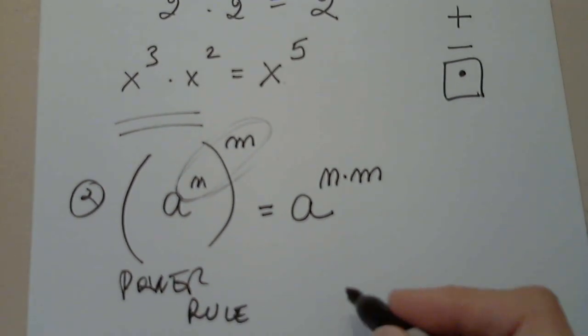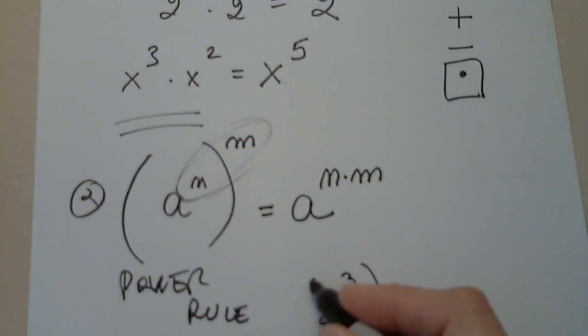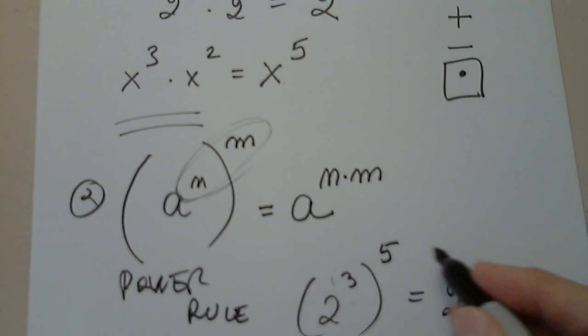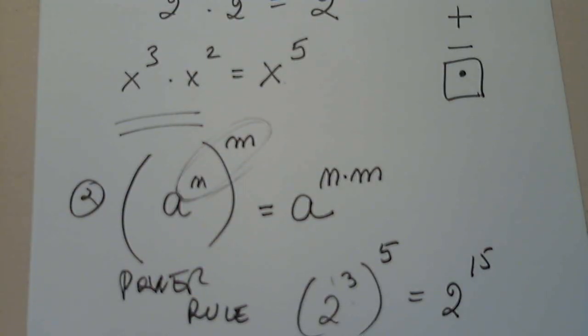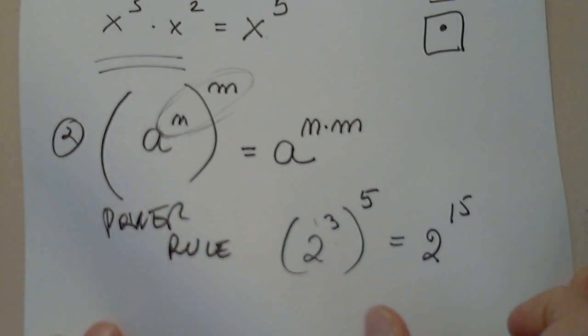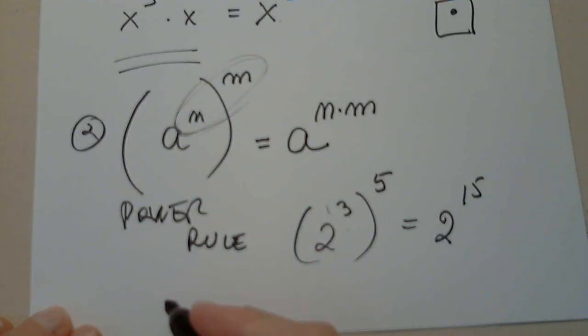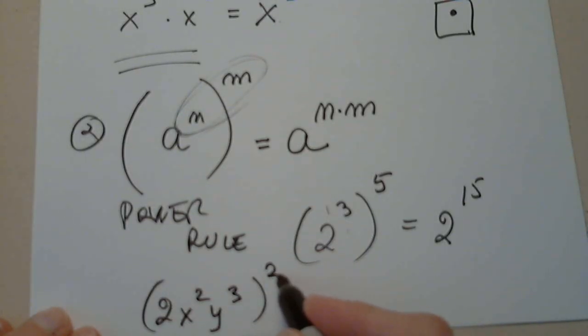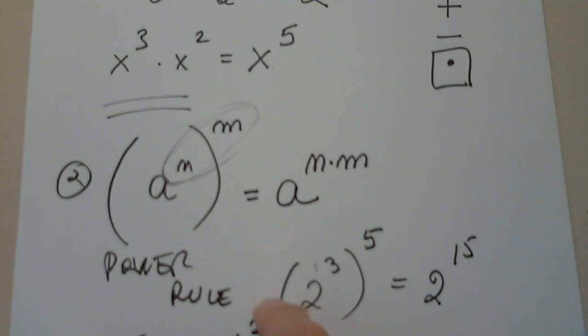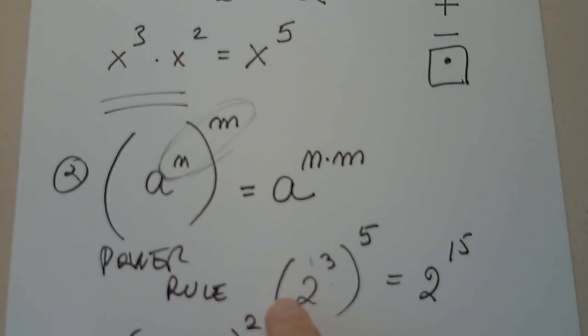What does this mean? Well, as an example, 2 to the third, everything to the fifth power, copy the base, multiply the exponents. So if I want to raise a monomial, let's say 2x squared y to the third, and I want to raise it to the second power, each and every factor inside the monomial has to be raised to power 2.